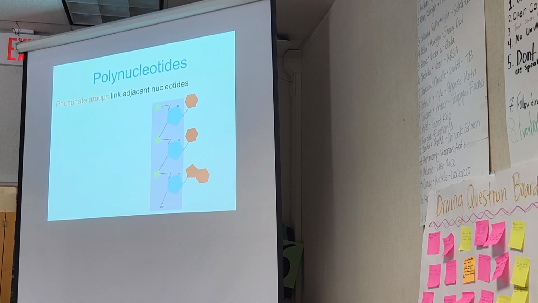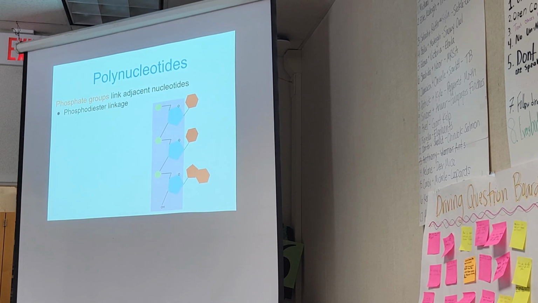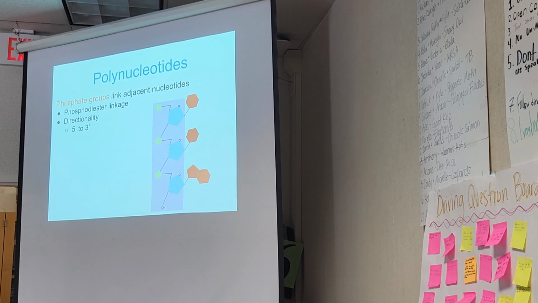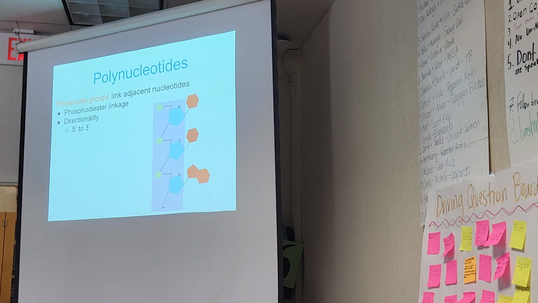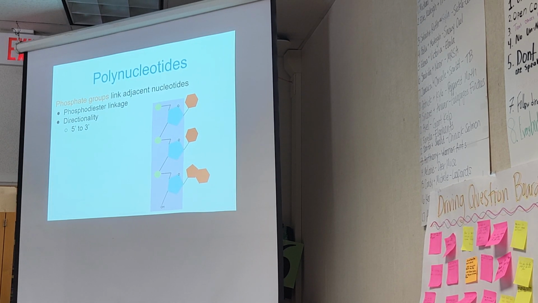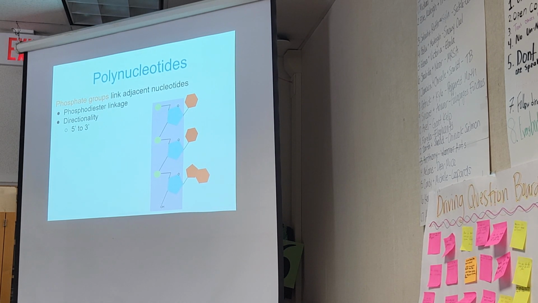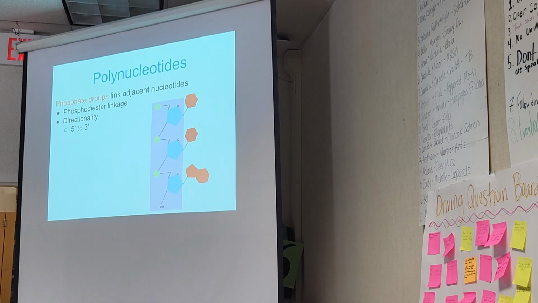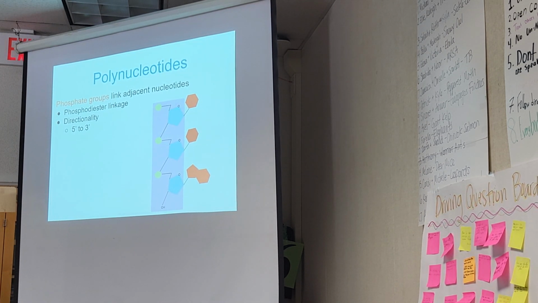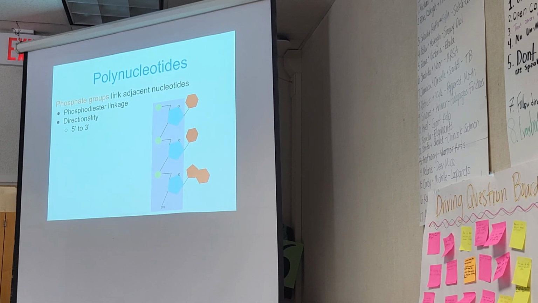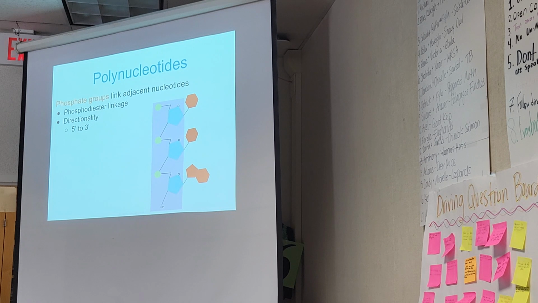So here we go. Phosphate groups link adjacent nucleotides. It is directional linkage, 5' to 3'. Where is the phosphate attached? On the last slide, where do we say phosphates are attached? Remember when I said it's important to understand where the phosphate group is attached? It is attached to the 5'. Then you can orient this nucleic acid.